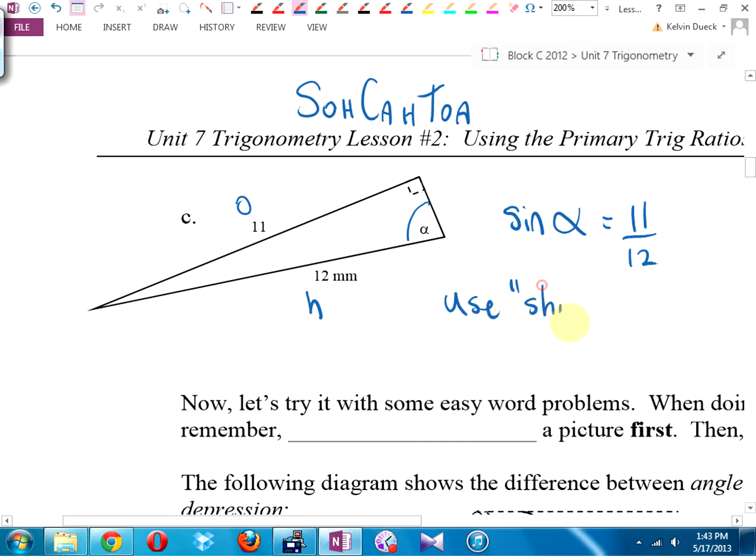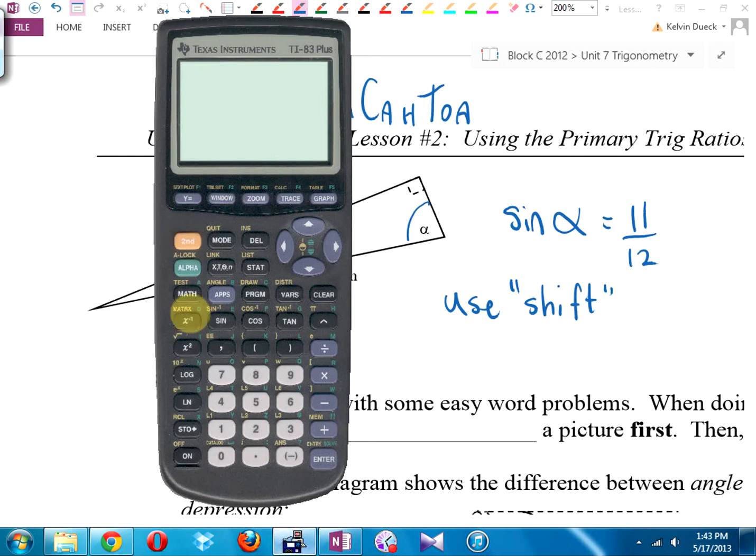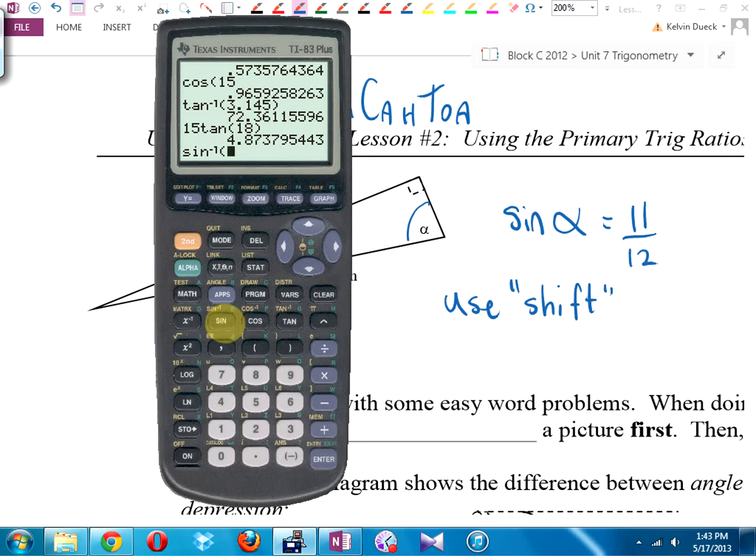Use shift. On your calculator, when you go second function or shift sine, you have to do an open bracket if your calculator does not. Because you want to type in 11 opposite over hypotenuse. And if you don't put the whole thing in brackets, it'll only do the shift sine of 11. It won't know that you want that over 12 to be shift sined as well.